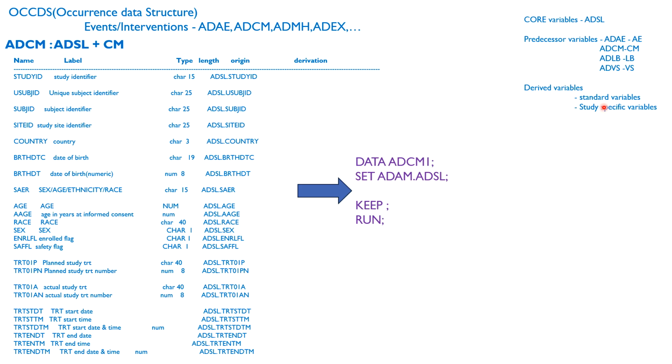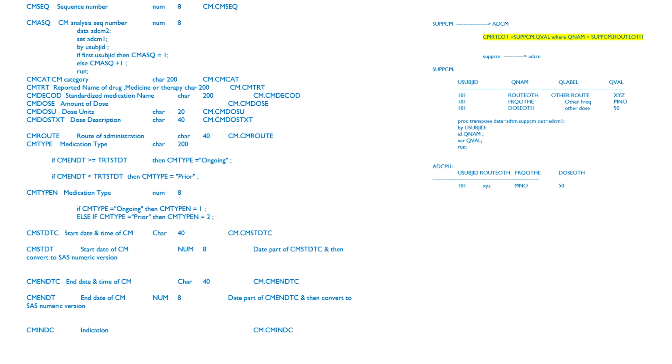Then derived variables like study date, time, numeric format, and study specifications. If the study specification has any new variables, we will carry them out as per the specification. We'll discuss one by one. So here we can see some producer variables from the CM domain of SDTM that we have derived.